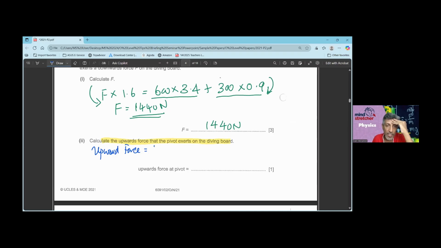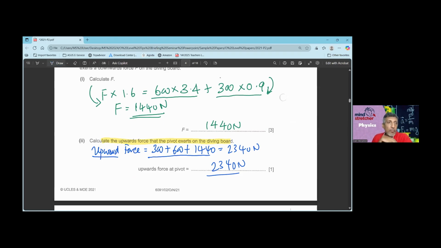So you can just add it up, 300 plus 600 plus 1440. So you're using the first condition of equilibrium. Net force must be 0. I'm using the first condition of equilibrium and I get 2340 Newton.